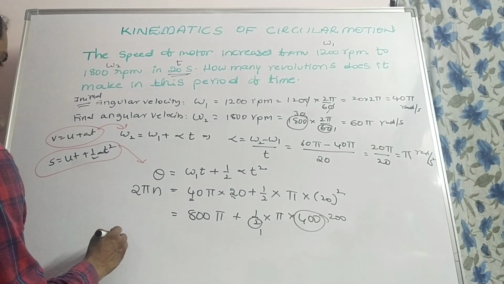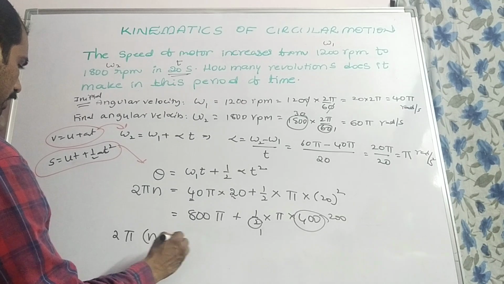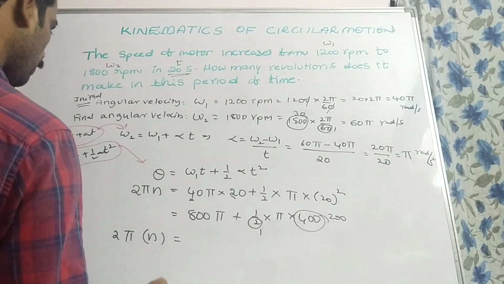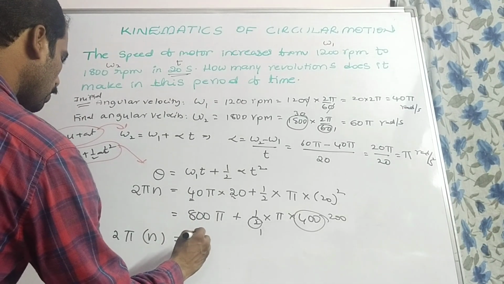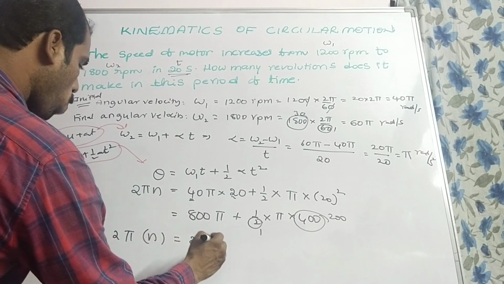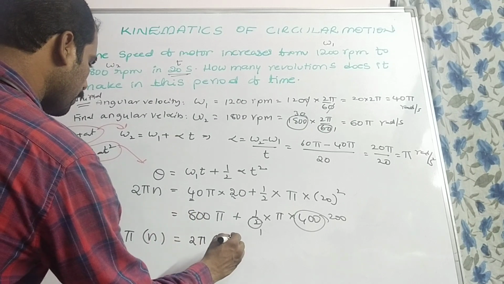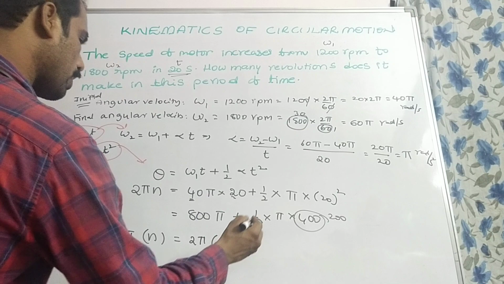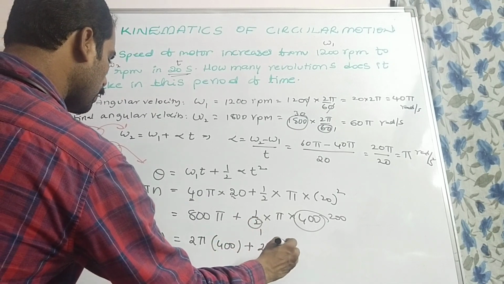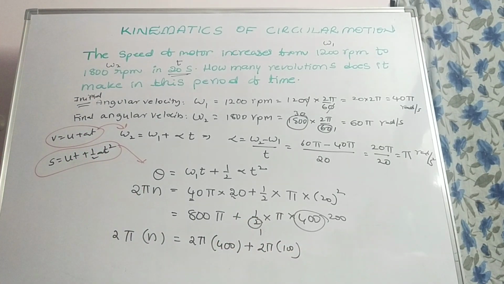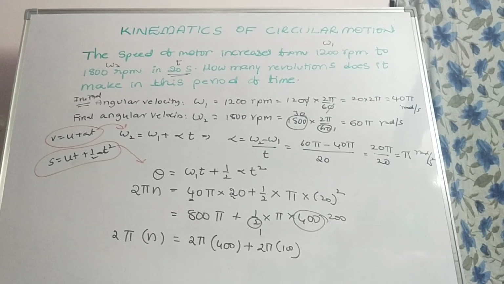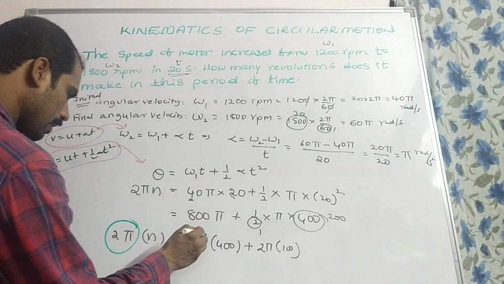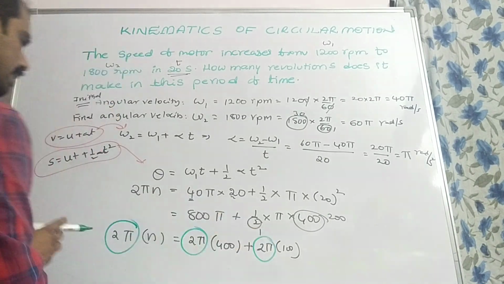So here we have to find n. That can be written as 2 pi into 400 plus 2 pi into 100. Now 2 pi gets cancelled.